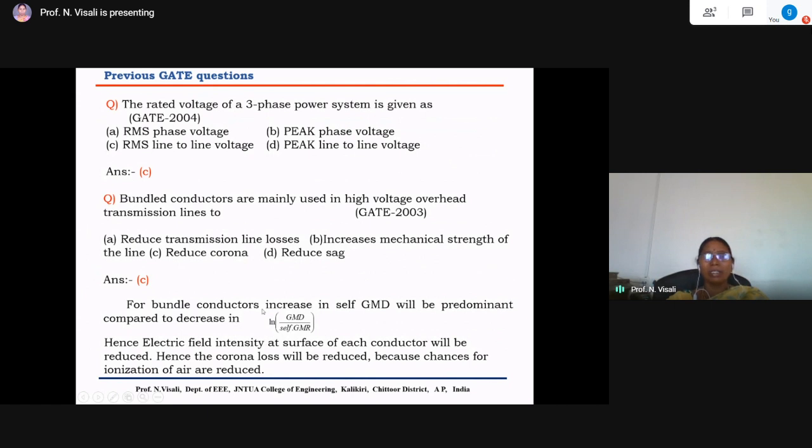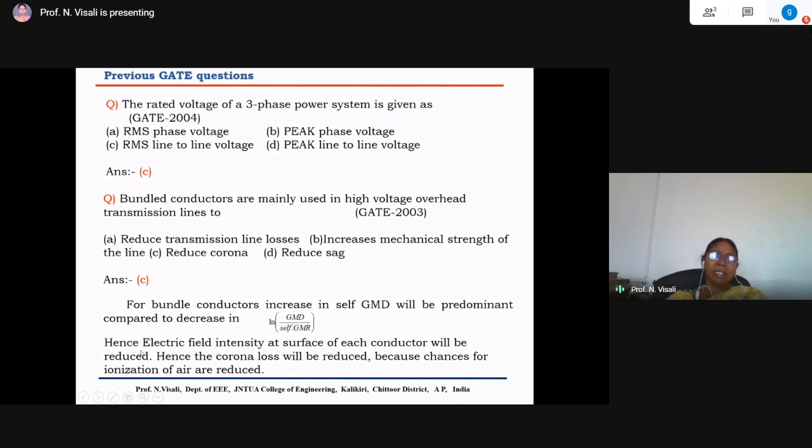For bundled conductors, the increase in self GMD will be predominant compared to the decrease in self GMR. Hence the electric field intensity at the surface of each conductor will be reduced. Hence the corona loss will be reduced, because the chances for ionization of air are reduced.